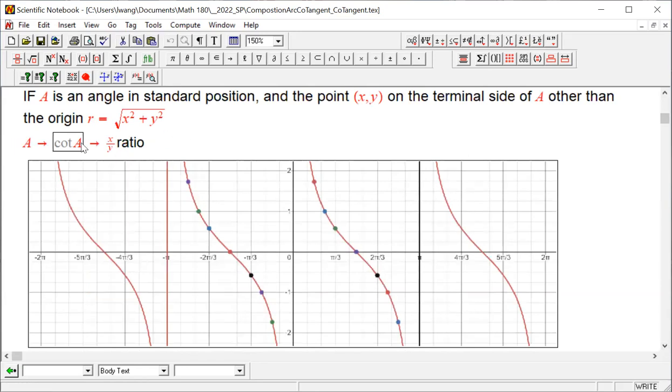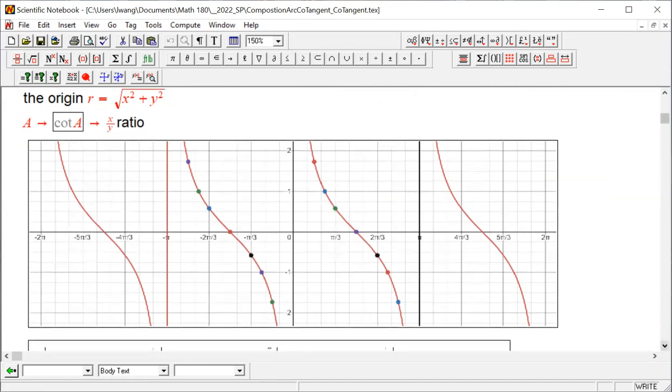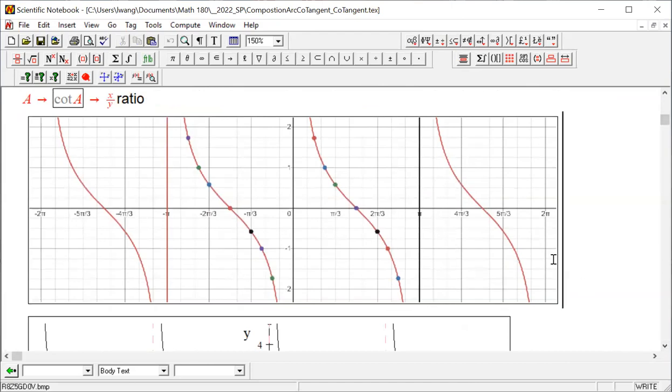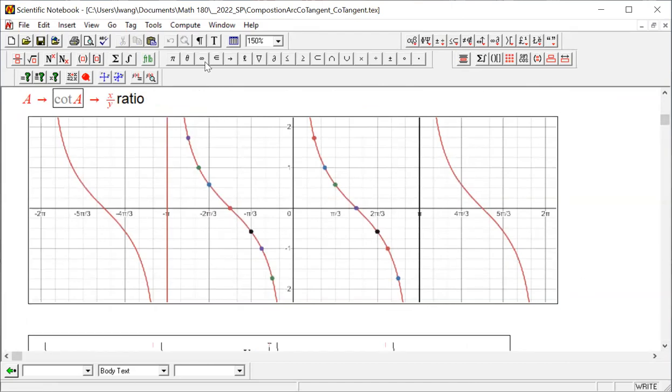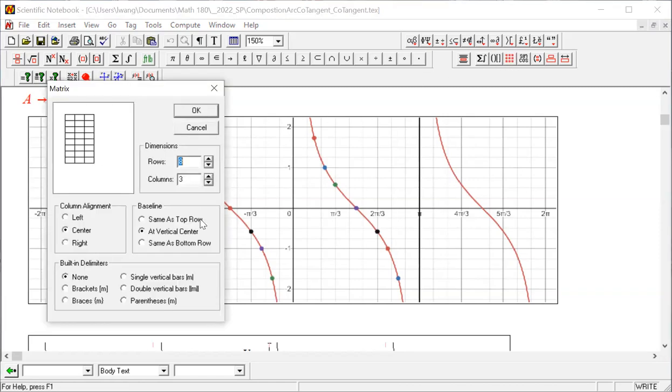So we talk about the definition time and time again. For cotangent, the angle is the input and it produces a ratio. And we talk about the domain and range. So we're going to do a comparison table, as we tend to do.